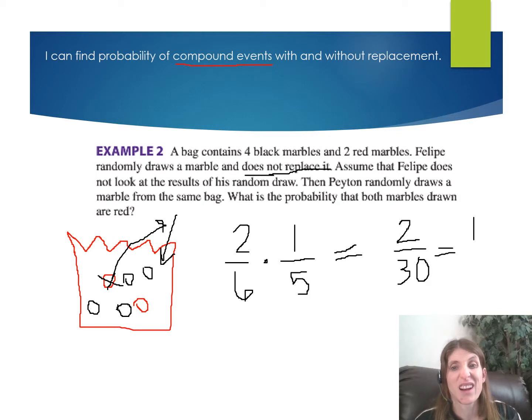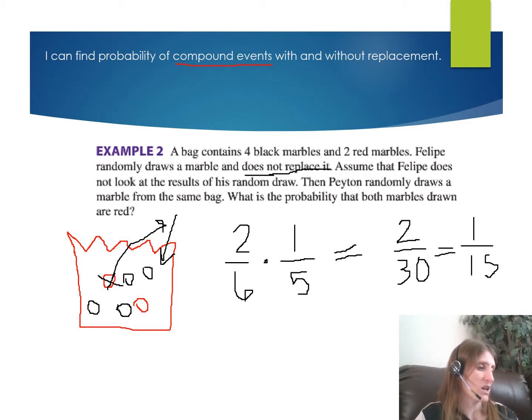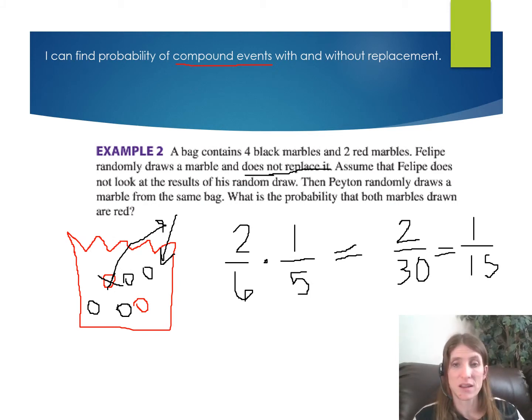are very unlikely, right? This is pretty low percentage. But if I was going to grab my calculator and do that as a decimal and then percent, so 1 divided by 15 is 0.06, and then it goes on forever. So we're going to put 0.067.